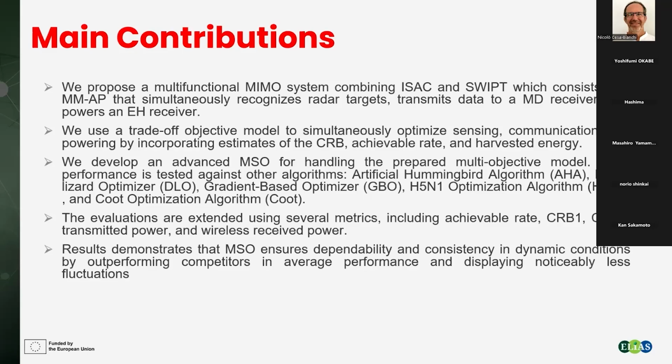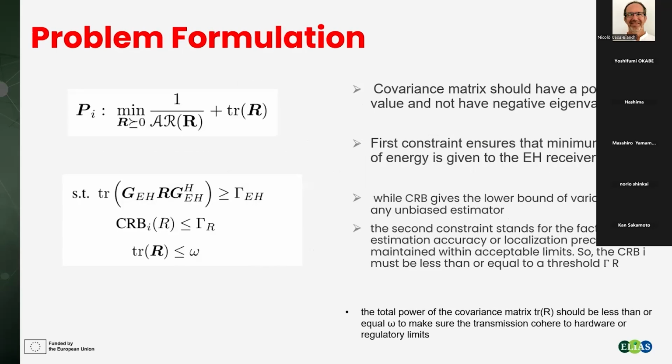The results demonstrate that the Mirage Surge Optimizer achieves better performance regardless of sensing, communication, and energy harvesting. In our optimization problem, we have the covariance matrix R, which should be positive semi-definite and not have a negative eigenvalue.